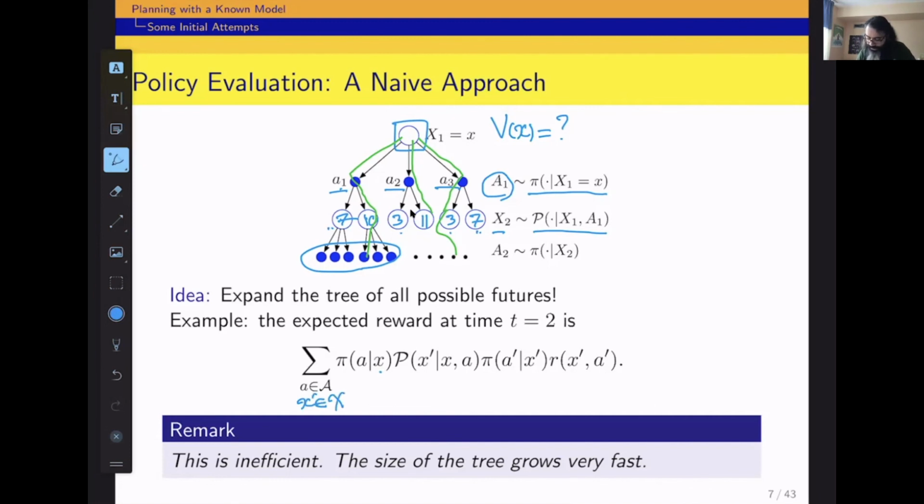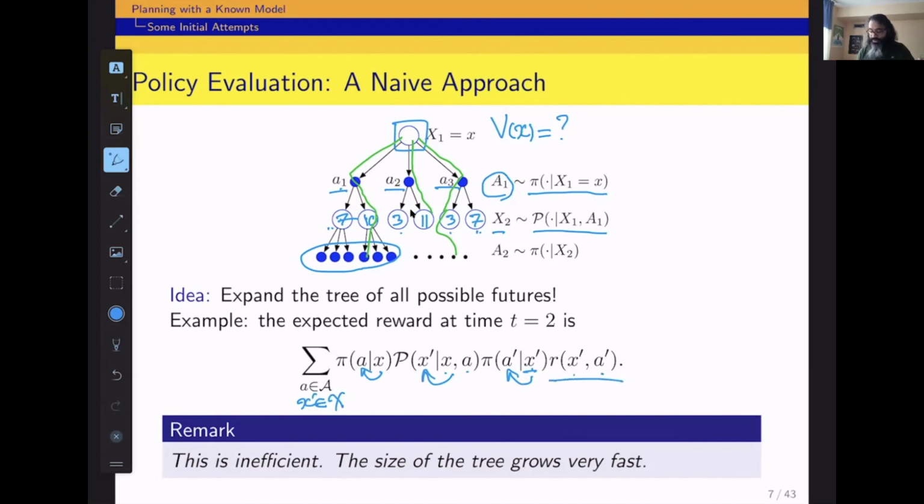The agent starts from state x, chooses action a with some probability, and then from x and a with some probability goes to x prime. Now we are at the state x prime. With some probability, the agent chooses a prime, and then the reward that it gets would be a function of x prime and a prime.